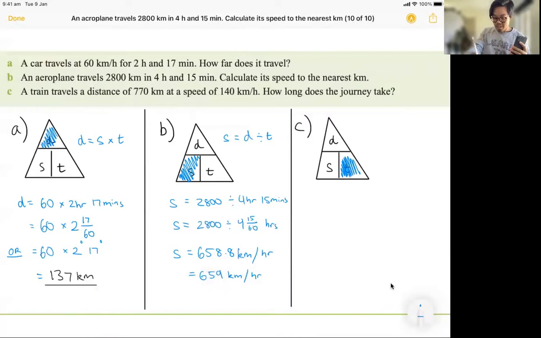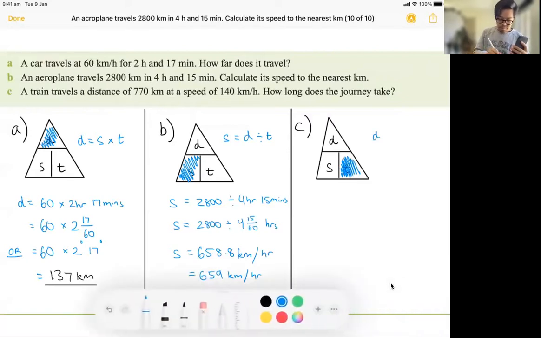So here we can see that time equals, and the 2 that are left are distance and speed, and distance is on top of time, so we're going to divide it by our speed. All right, so our time equals our distance divided by our speed.